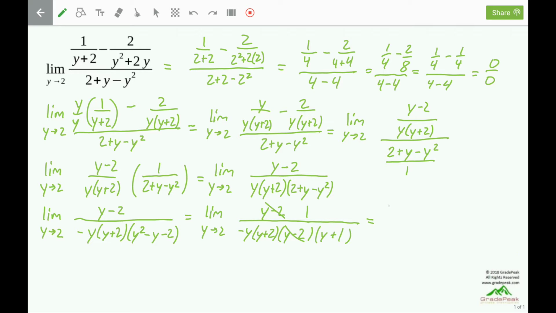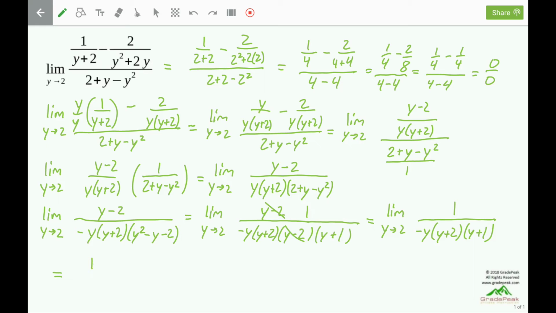We can now rewrite this, and we should be able to plug the 2 in for y. Rewriting this, I have 1 divided by negative y times y plus 2 times y plus 1. And we can plug in a 2 for all the y's.